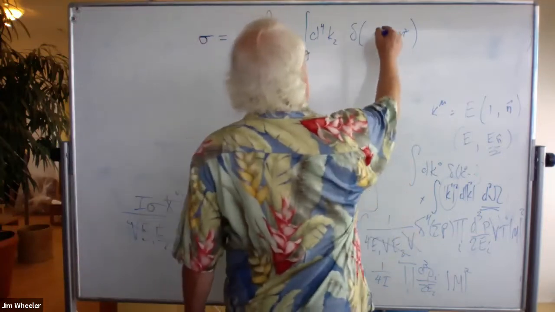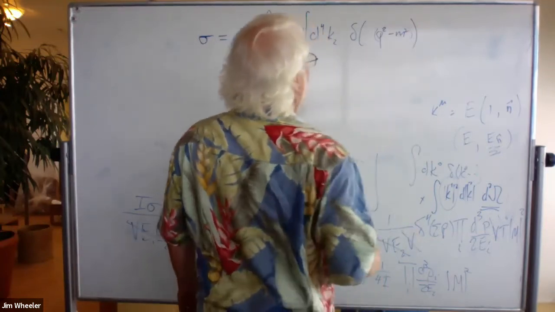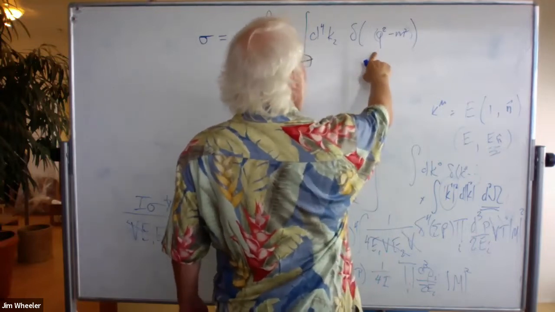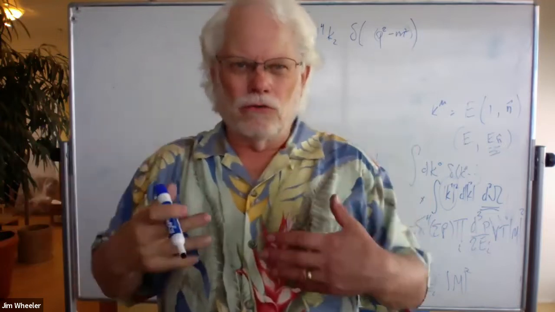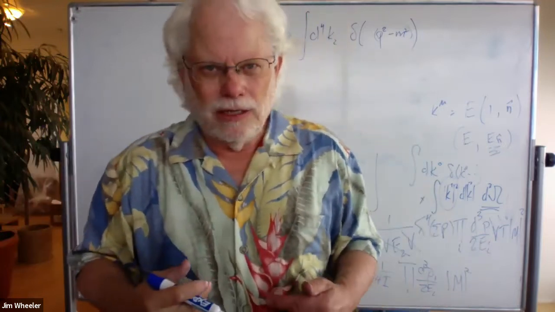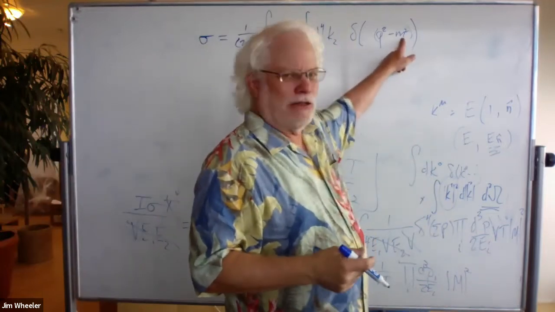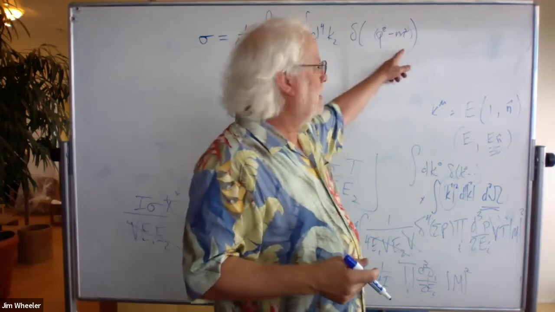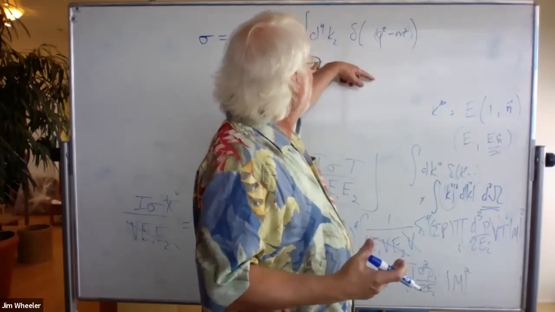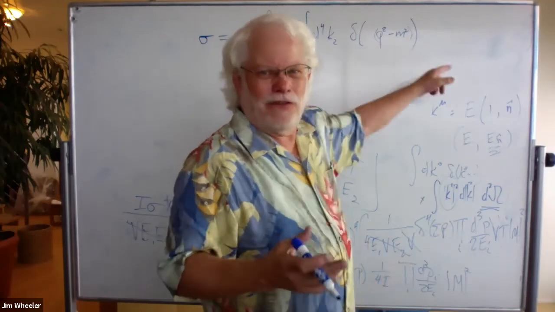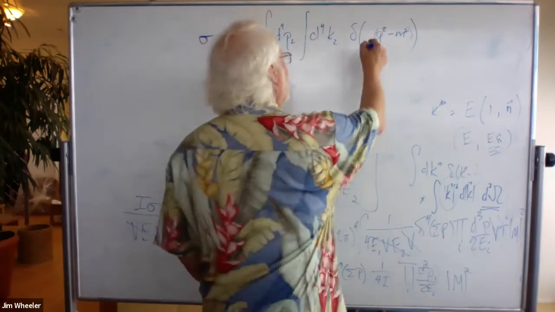But one place where the normalization is funny is that delta function has units of 1 over the units of its argument. This is a delta function in energy squared or momentum squared. So it has units 1 over momentum squared, but we're really using it to fix the norm of the momentum.